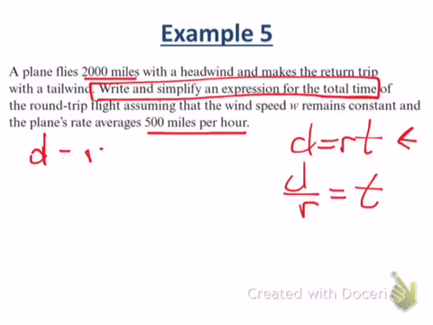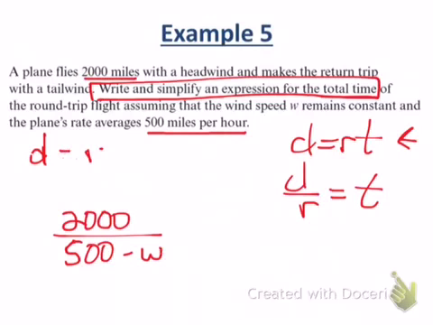So the rate on the way there, the speed, let's see, distance is 2,000. The speed on the way to the place is 500, and because they're flying into the wind, which is working against them, it's 500 minus W. Equals T. That's the time going.